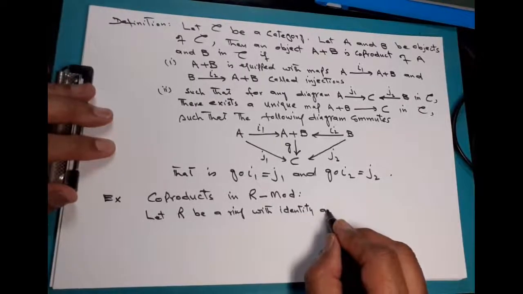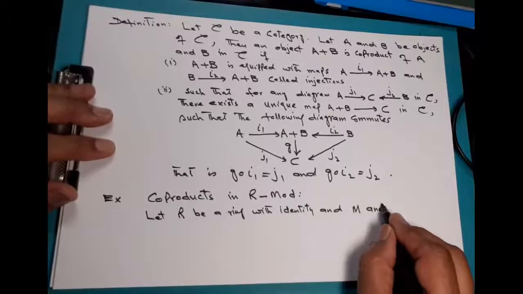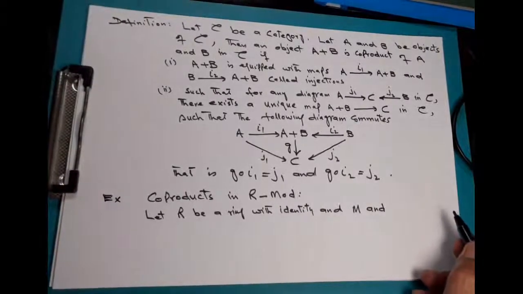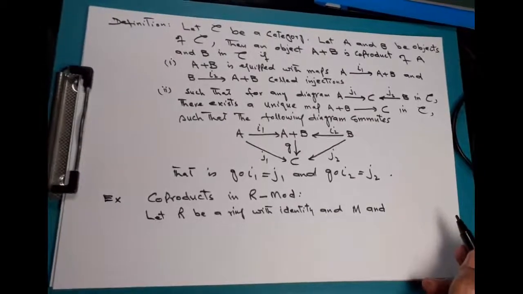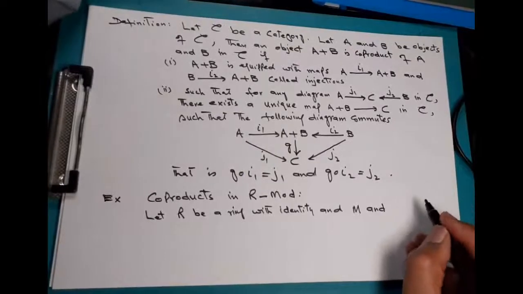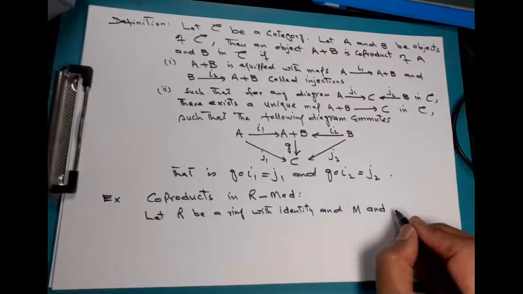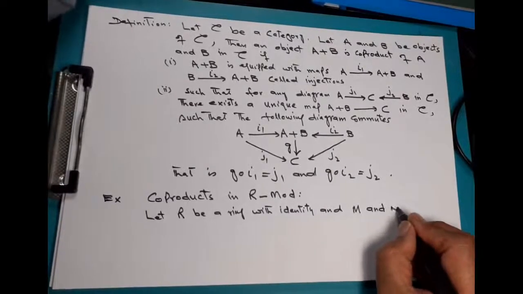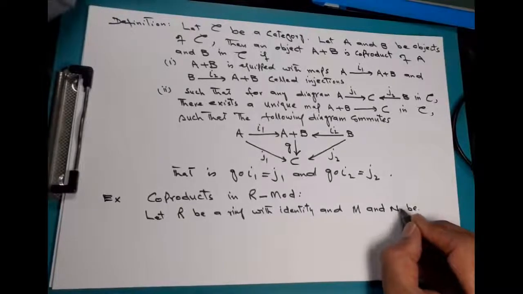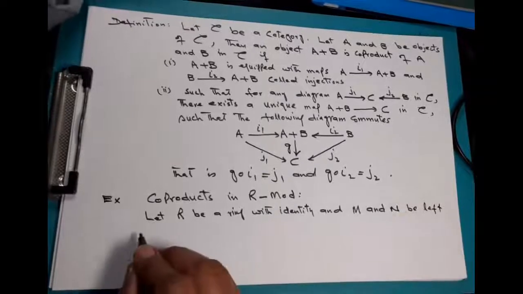And capital M and capital N, as we did in case of the product of two modules, we are going to use symbols M and N for left R modules. So let M and N be left R modules.